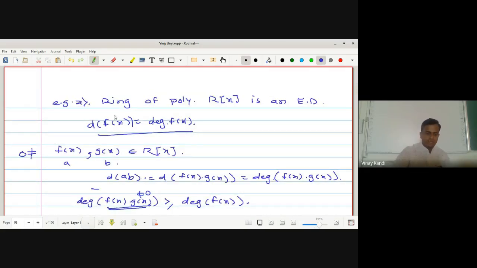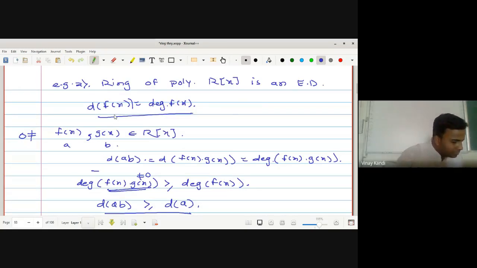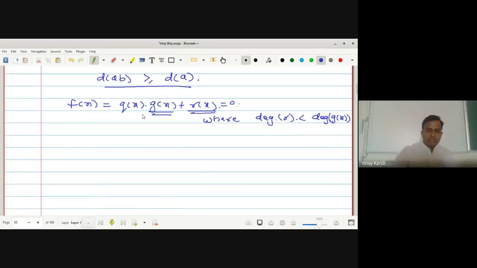This is the second example. Okay, any doubt up to here? No, sir. Now example number 3, set of Gaussian integers.